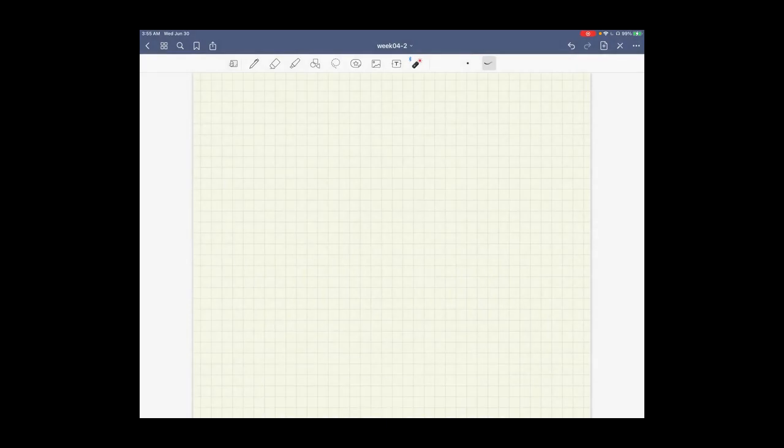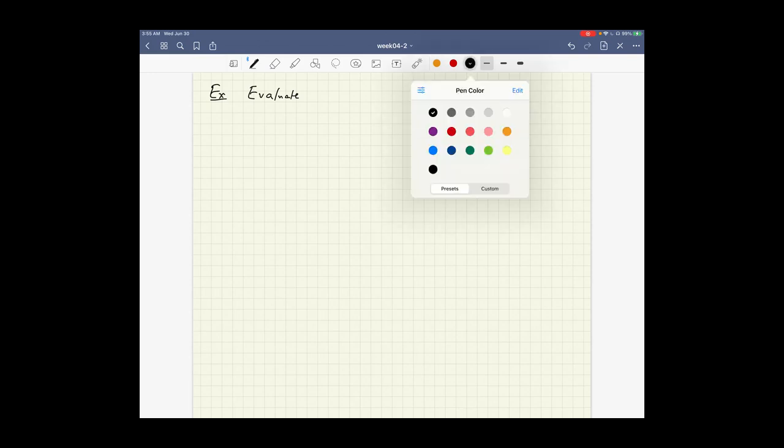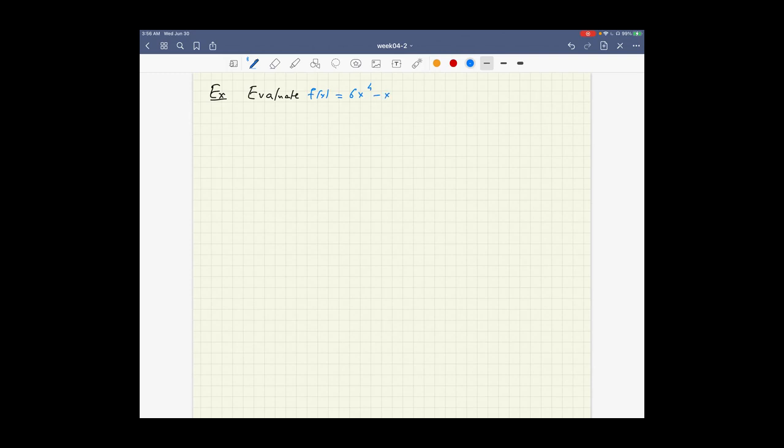Again, in this example, we evaluate the polynomial f, which is 6x to the 4th power minus x cubed minus 15x squared plus 2x minus 7, at the point 2.